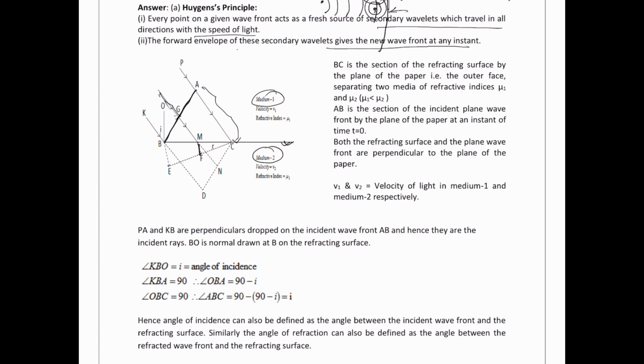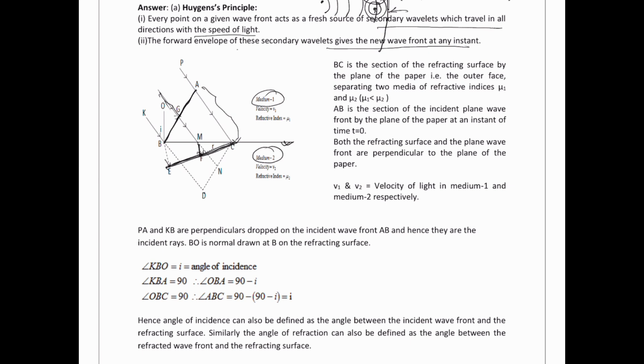This is the distance, because the speed is lower in the denser medium, so it reaches D. Similarly from B, because now the two media are different, instead of B to D it will travel to E. If you join all these points together, this is the position of the refracted wavefront. So C is the refracted wavefront. In the same time as light takes to go from A to C, I am assuming that B to E has been traveled.